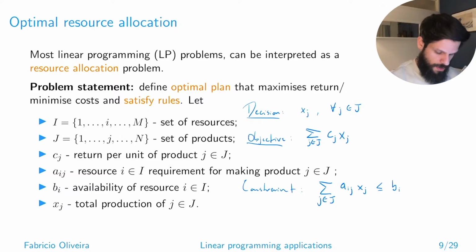And this here is basically telling us the amount of resource i used in the plan x, being x this vector composed by x1, x2, all the way to xN.